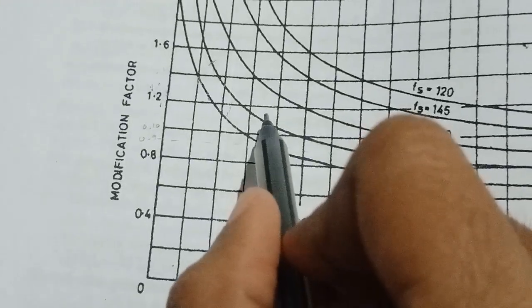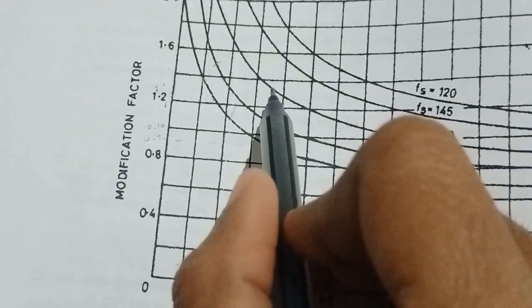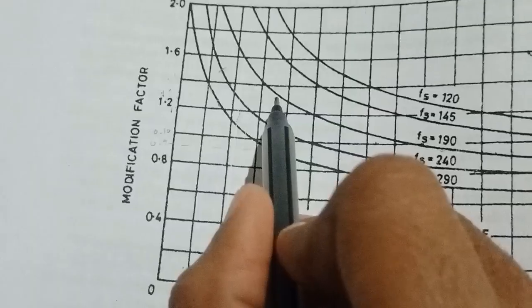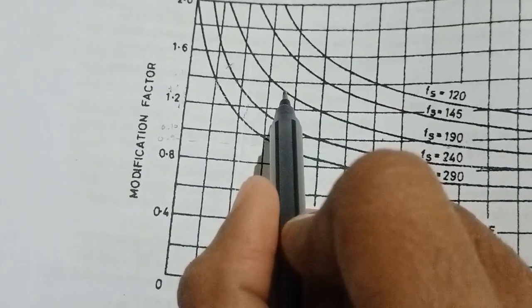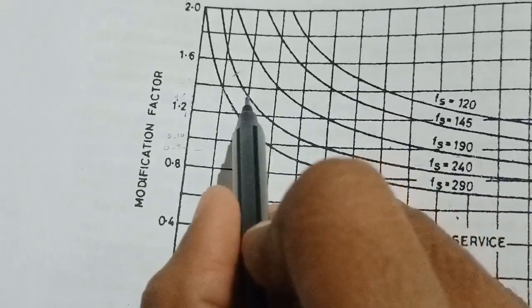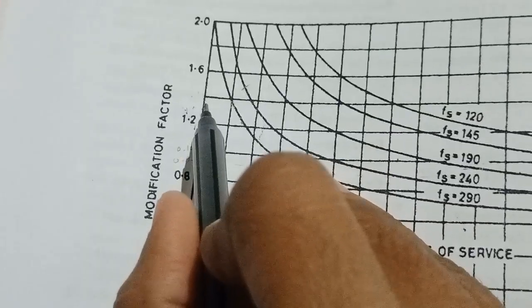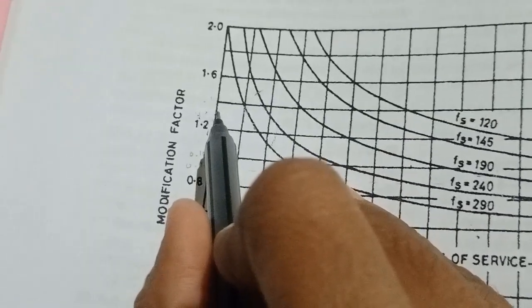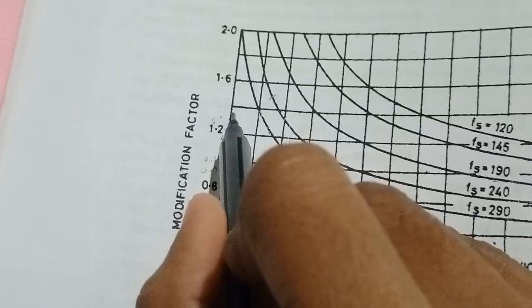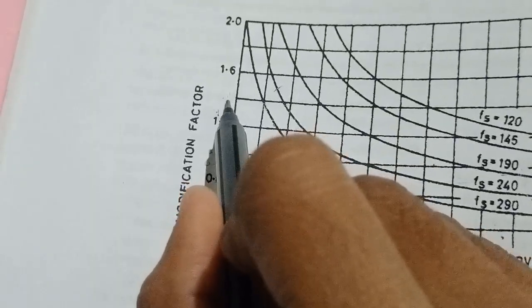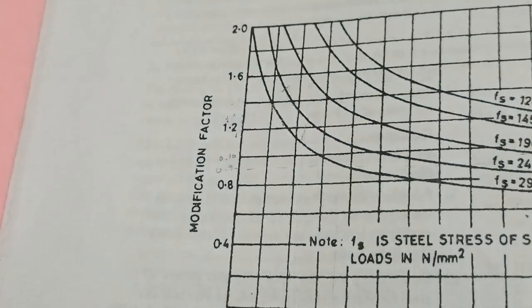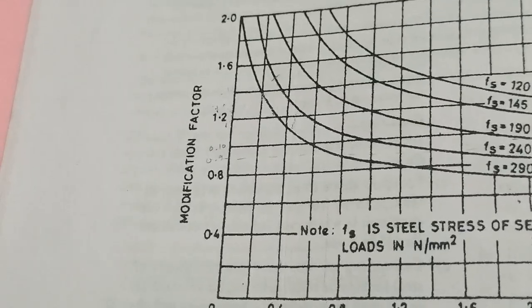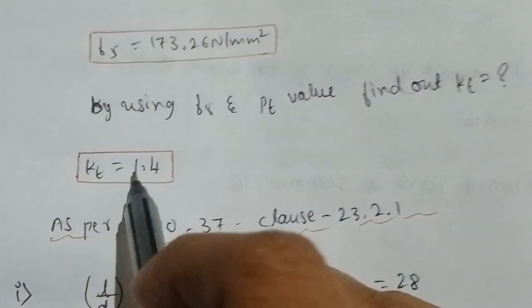Where it touches the curve and stays, that is our modification factor, and it comes approximately 1.4. So our modification value, KT, is 1.4.